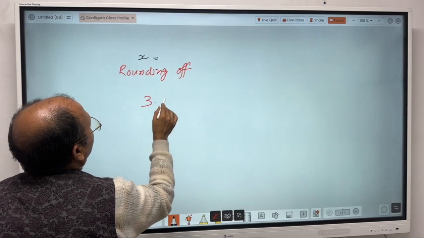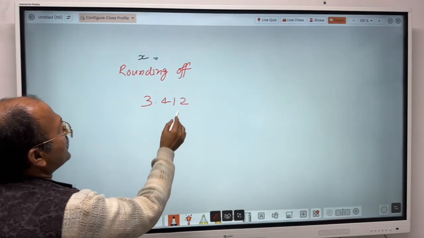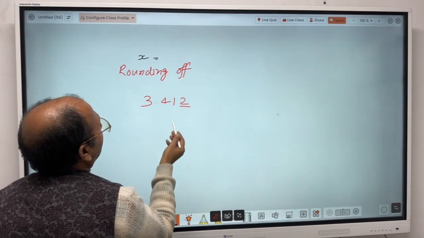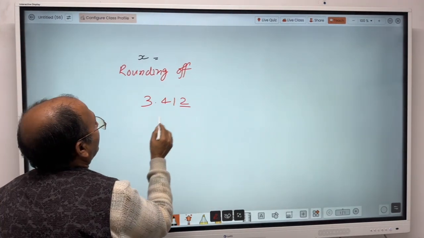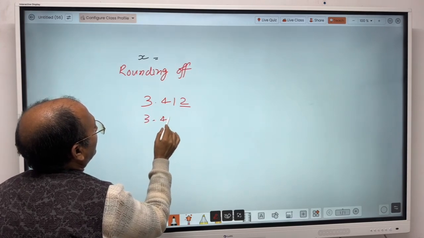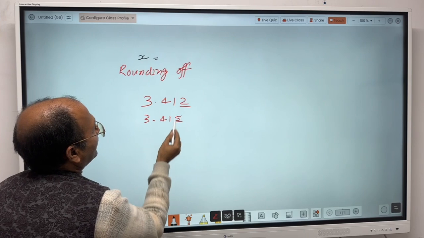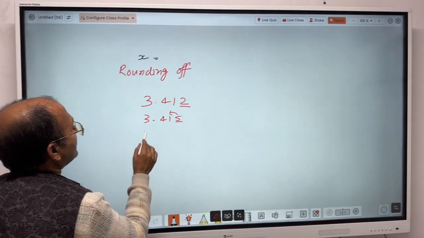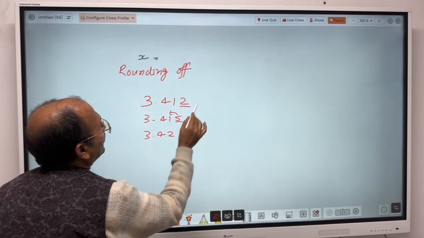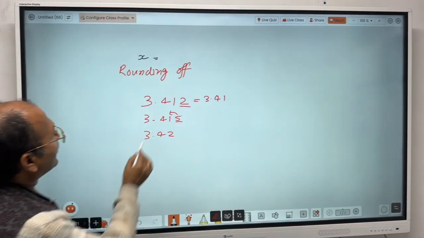Suppose you have a number 3.42 and you want to remove this 2. So this number will remain unaffected. If you write 3.415 and you want to remove this 5, in that case this number will be increased by 1. So our answer in this case will be 3.42. Whereas in this case this will remain 3.41.